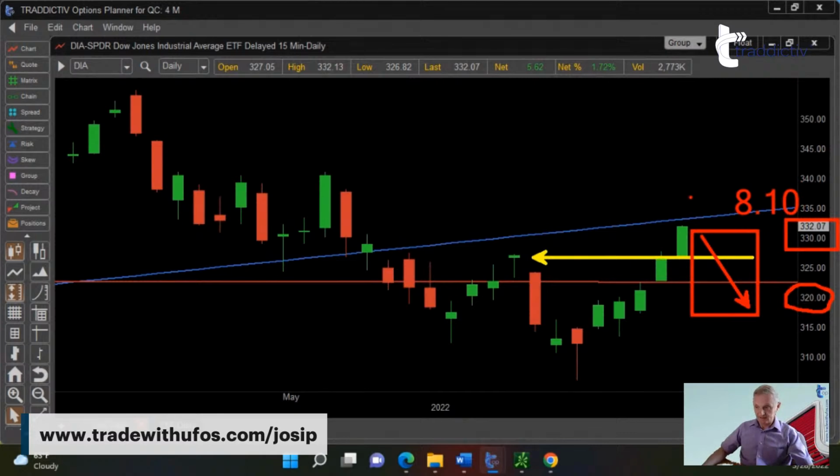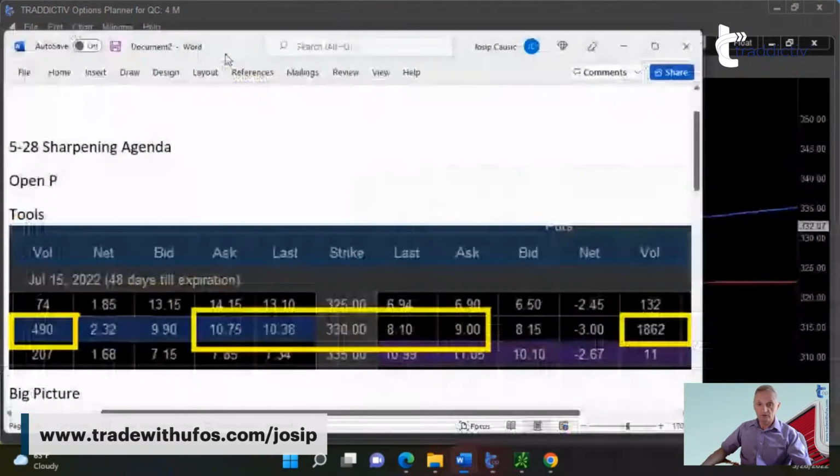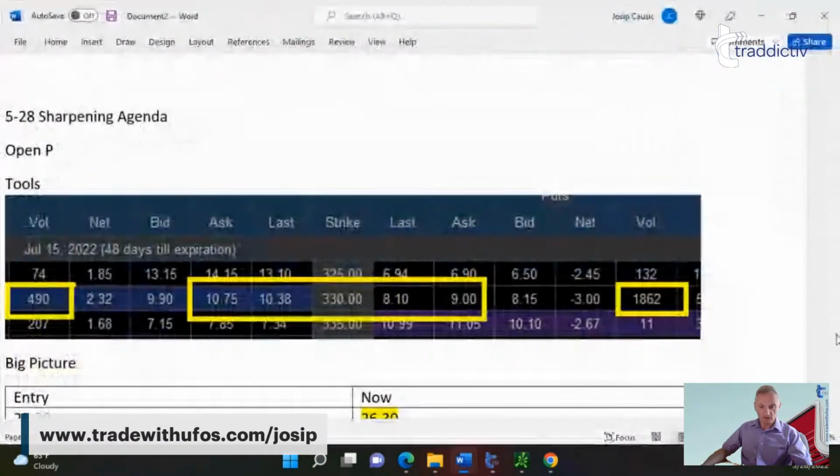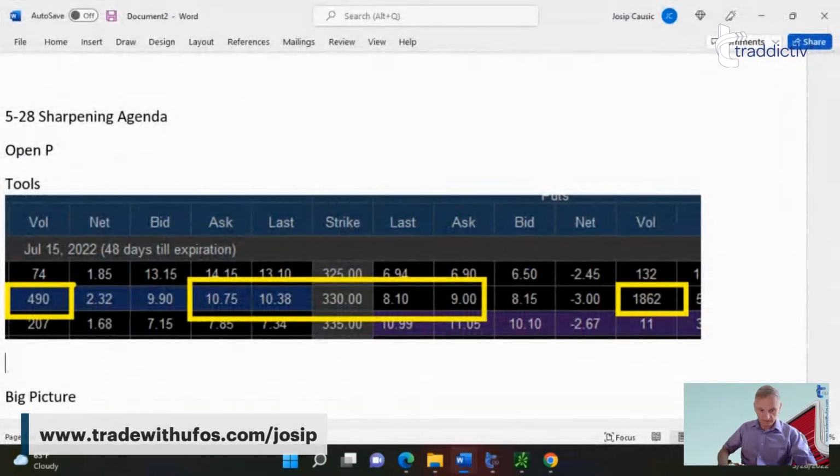I'm going to clean this up so I can bring in the document that I've been working on with you and explain that if we have the diamond currently trading at $330, that means the 330 put is at the money with a delta of 50 cents.